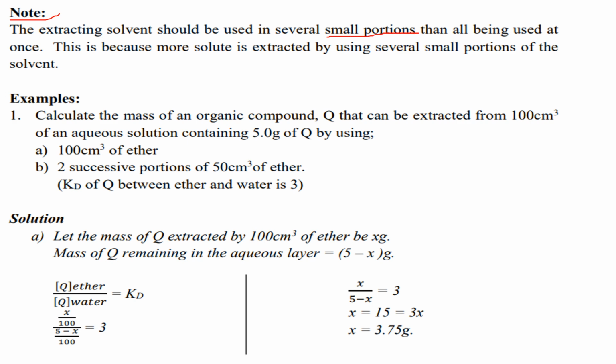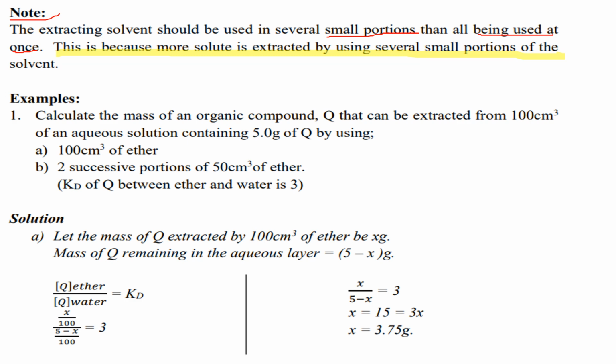Why do we use it in several small proportions rather than all at once? This is a very common question, and you should pay attention to this. Let me bold it, because you are most likely not to miss it in any question involving solvent extraction.